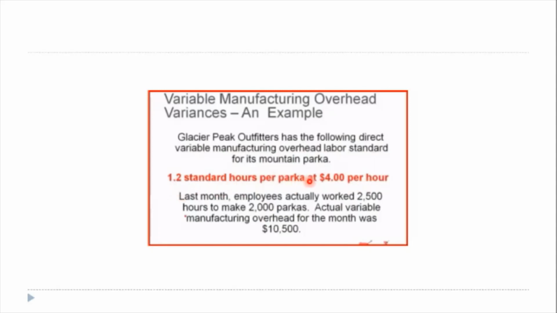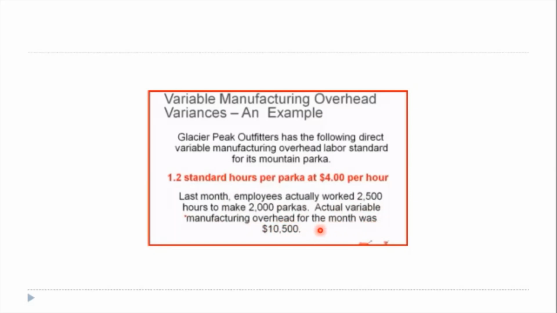Again, this would be your standard cost. Last month, the employees worked 2,500 actual hours to make 2,000 packers. Actual variable manufacturing overhead for the month was $10,005.